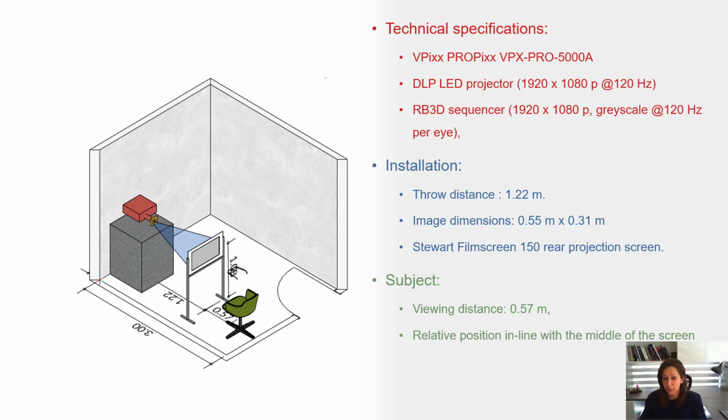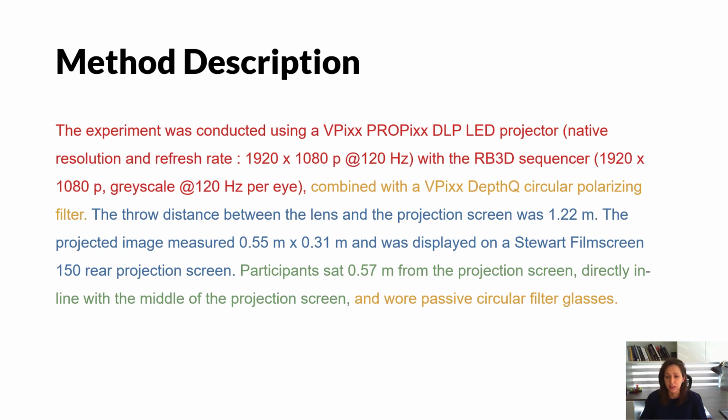Regarding the subject-specific characteristics, we talk about the viewing distance and the relative position of the participant with the screen. And finally, we discuss the use of a 3D polarizer as a significant accessory in our projection system. This would culminate in a comprehensive yet compact description of your projection installation.